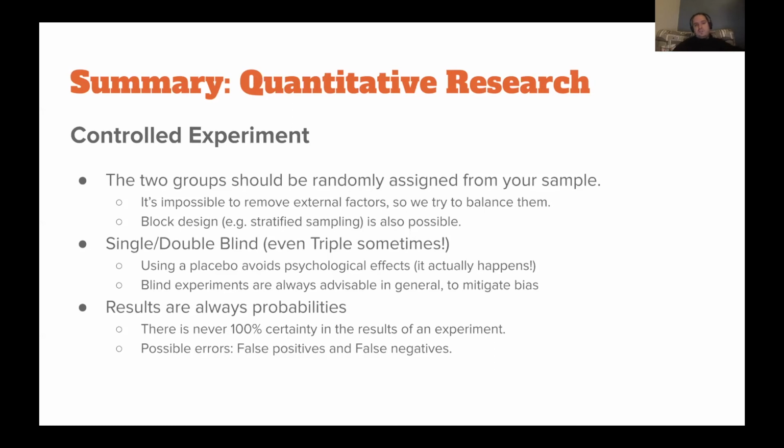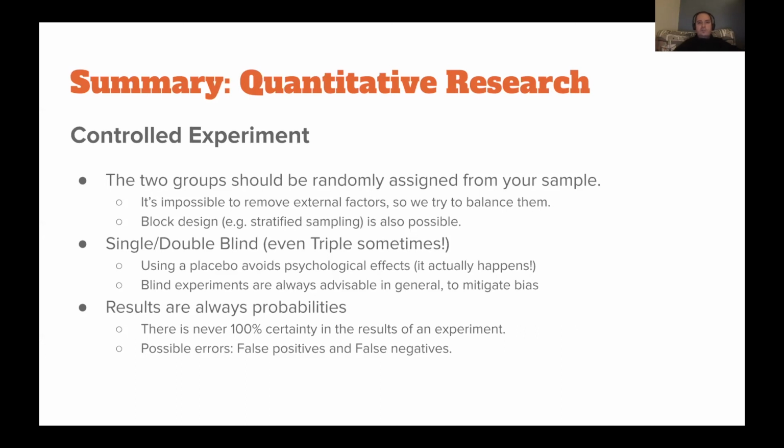And the reason why it's called single and double blind is that single blind is the situation where I said the patients don't know which medication they're taking, and double blind is when not even the people who are applying the medication know which ones are taking the medication or not, because that also can potentially change things in some way. People can talk, people can act differently if they know what's happening.